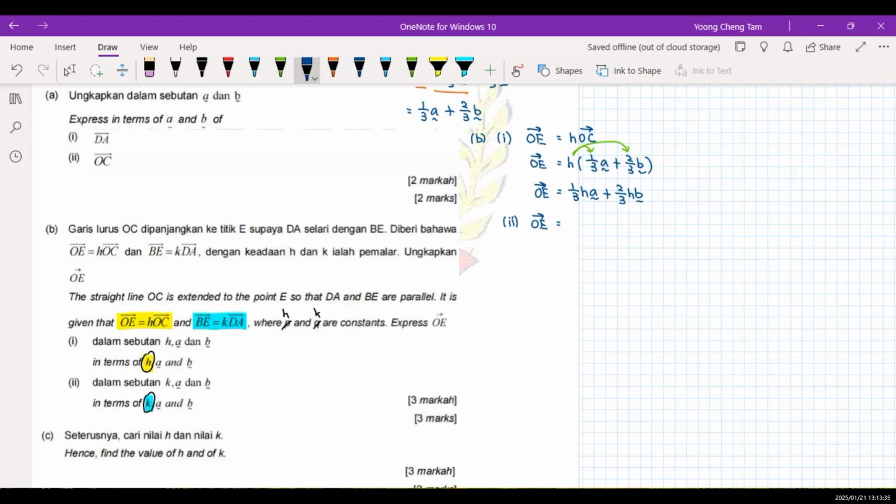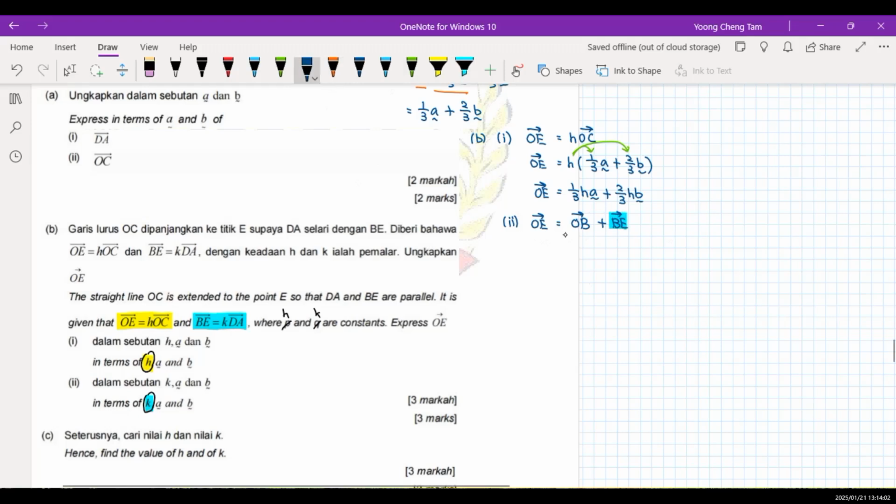So how to put BE into our equation? The answer is OE equal to OB plus BE. How do you go from point O to point E? You can go from O to B first, then continue from B to E. So you can see that we include the vector BE.